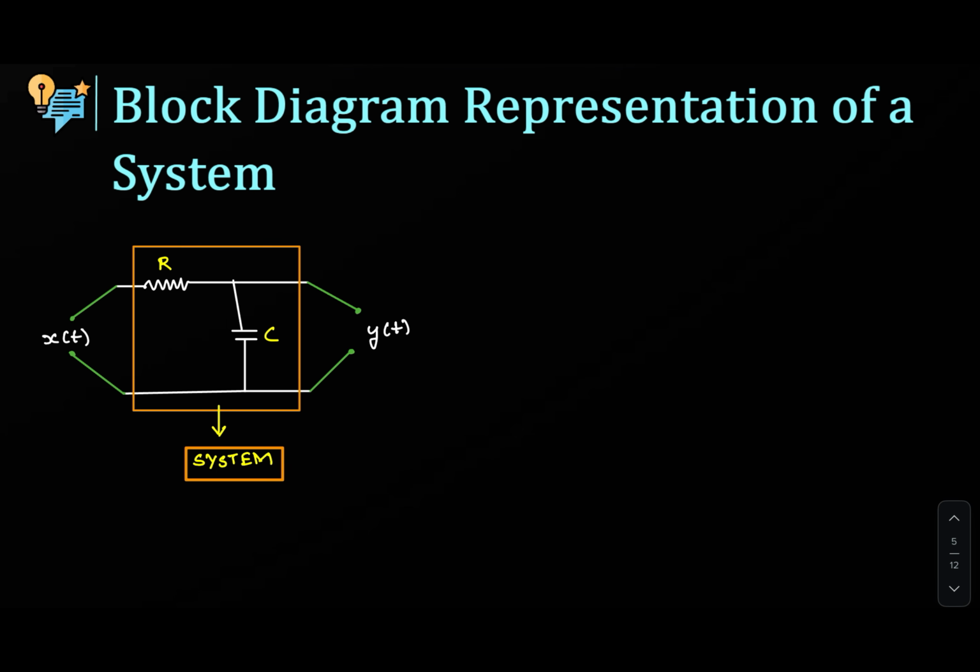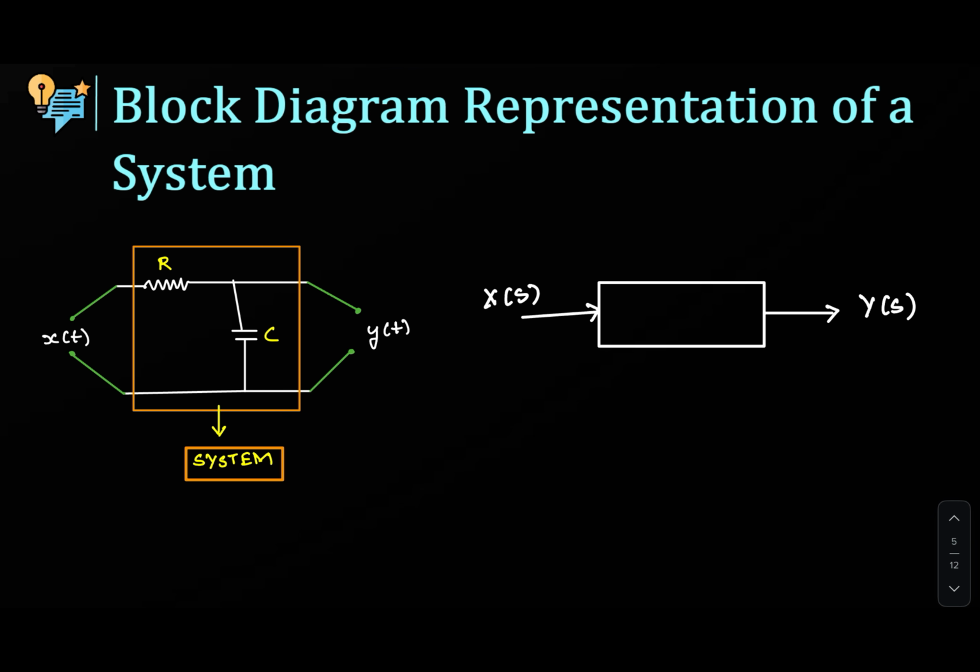So now I will draw one block, and I am giving some input signal, and I am taking an output signal. So my input signal is x of s and my output signal is y of s.